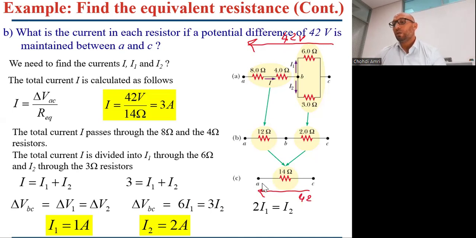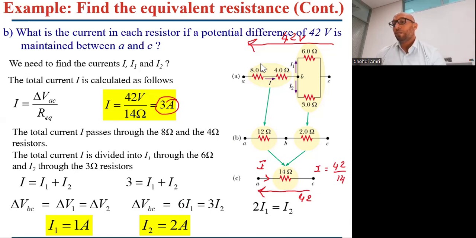The current I in this case would be 42 divided by 14, because we have to apply Ohm's law. I equal 42 divided by 14, which is equal 3 ampere. So the current between A and C, or the current going through the 14 equivalent resistance, is 3.